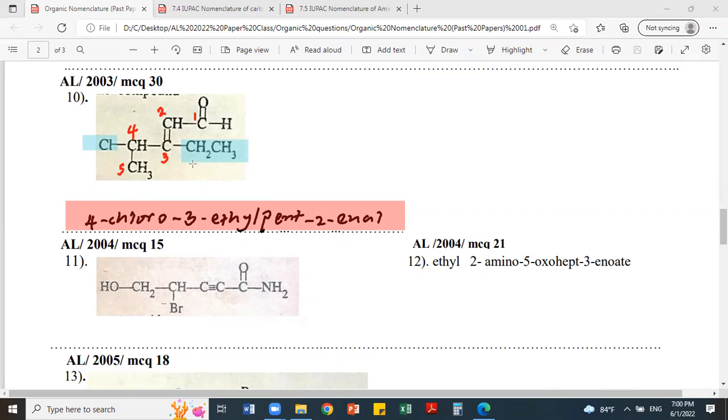Therefore it's not necessary to write 1 al, 2 al, 3 al. But for ketone, yes, you have to mention 2 one, 3 one, whatever. Even for alcohol, whether it's 1 ol, 2 ol, 3 ol, you have to mention it. But for carboxylic acid and aldehyde, it's not necessary to mention which carbon it is attached to, because it's anyway at the beginning of the chain.